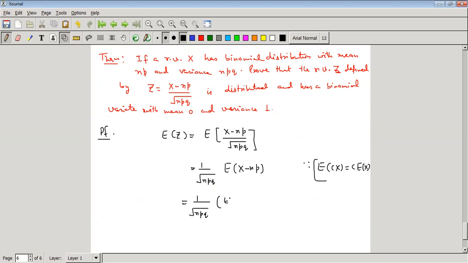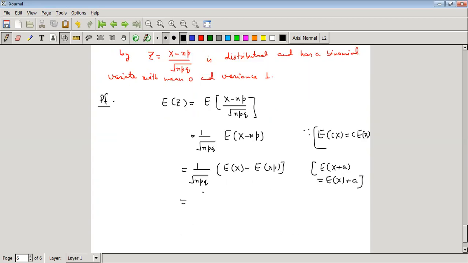We can separate this as expectation of x minus expectation of np, because expectation of x plus a is equal to expectation of x plus expectation of a, and a is constant. Expectation of x, the mean, is np, it is given, minus np, which is constant. So np minus np is 0, so expectation of Z equal to 0.